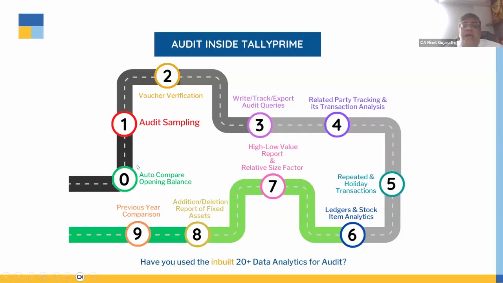In this way, I can complete the entire journey of my audit within TallyPrime, and successfully complete my audit and give a correct and well-built audit report with full satisfaction of myself as well as the client. And I need not worry about whether there is any error or whether I have missed anything during my audit.